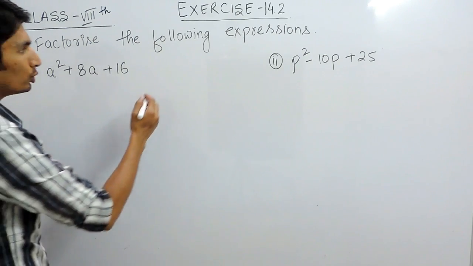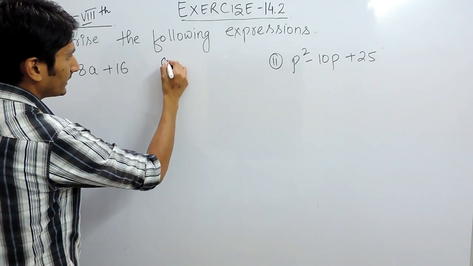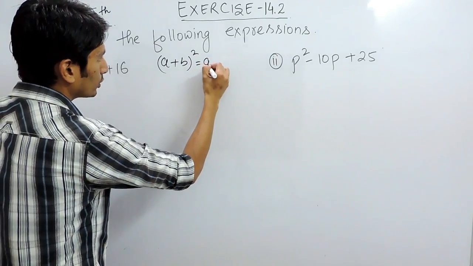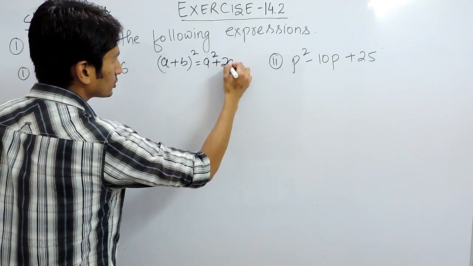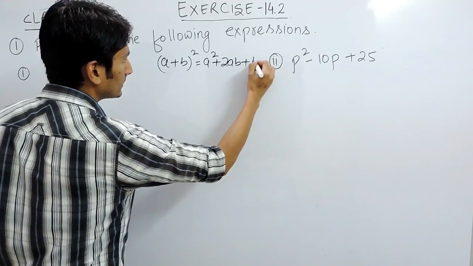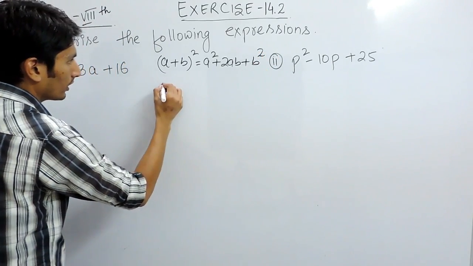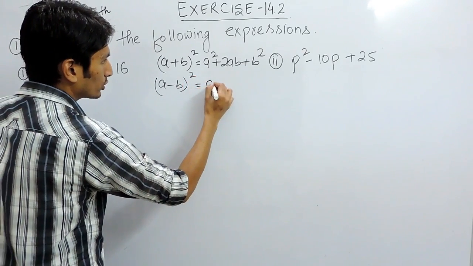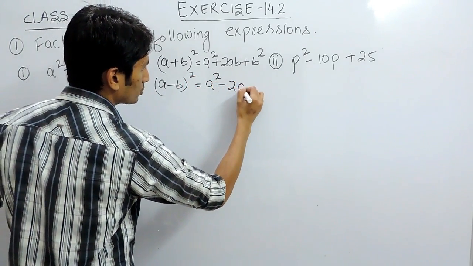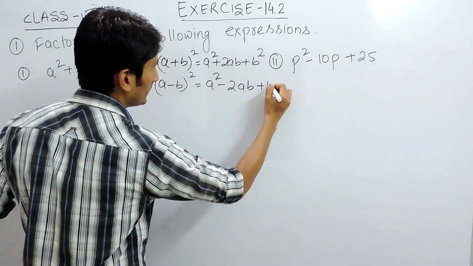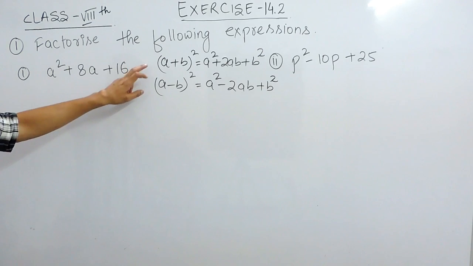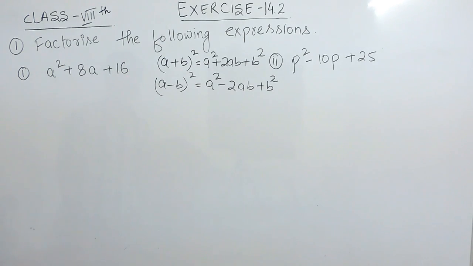Now we have two identities which say a plus b whole square is equal to a square plus 2ab plus b square, or a minus b whole square is equal to a square minus 2ab plus b square, and we have to use these two identities to factorize these two parts.